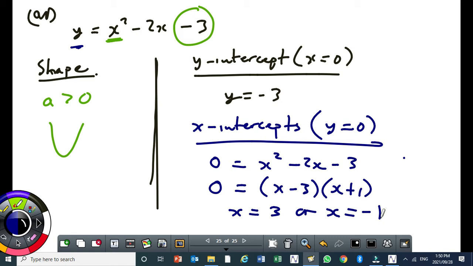Now, the next thing is to determine the turning point. You need to know the coordinates of the turning point. To find the coordinates of the turning point, I'm going to show you two ways.